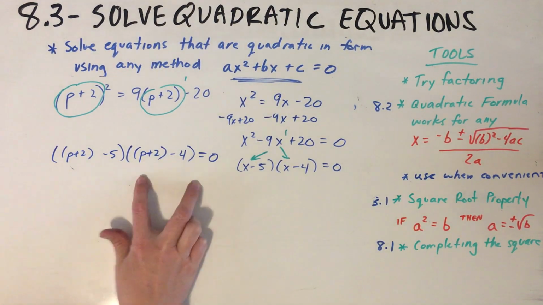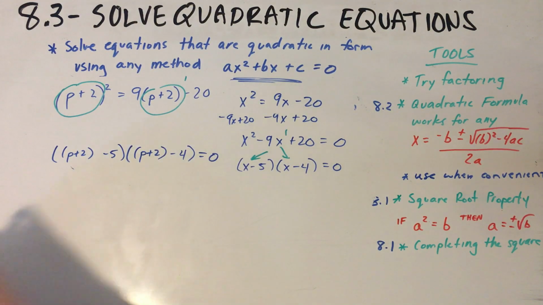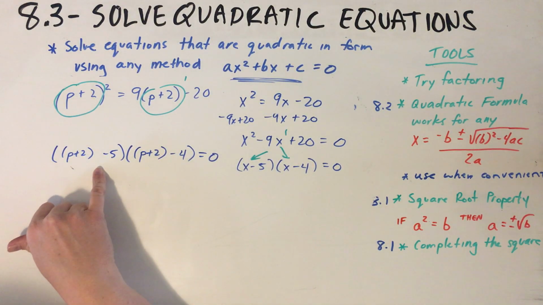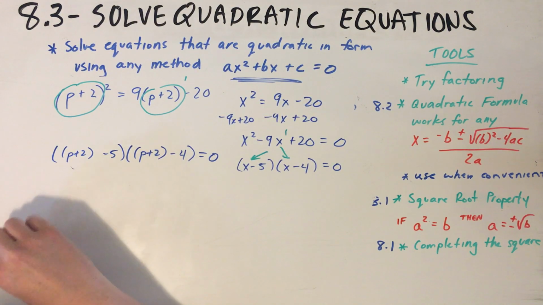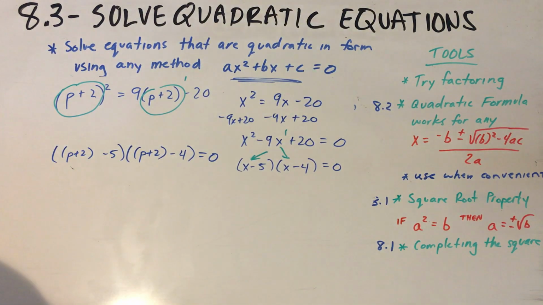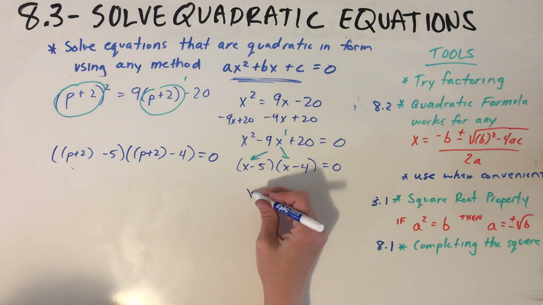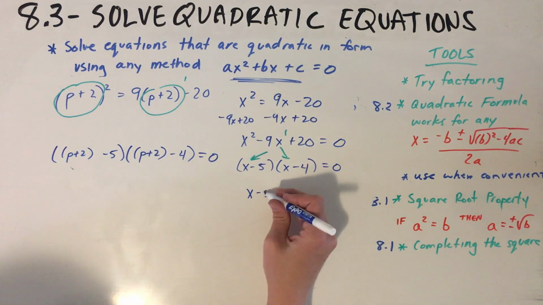Now, each of these can simplify further. This is a minus 5. This is not being multiplied. So what we're going to do here is set each one of these factors equal to 0.